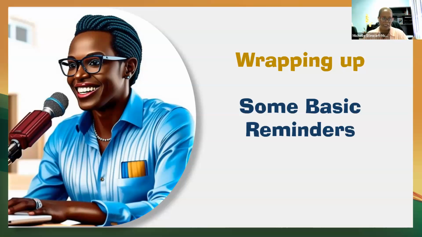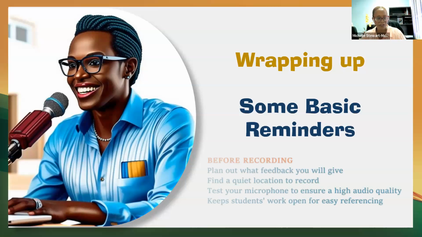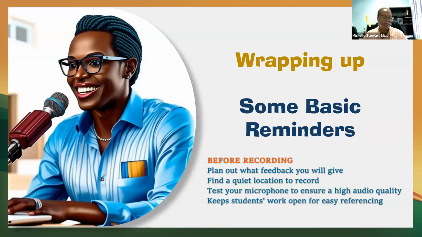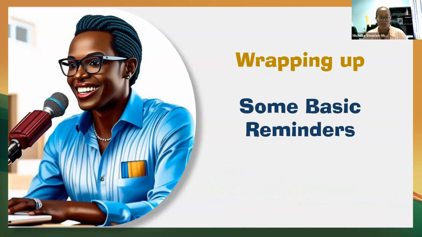So you have a mental outline and you plan exactly the areas that you're going to cover with your students. Of course, you try to find a quiet place where you can minimize background noise, and you test your microphone to make sure that you can do a quick recording and you play back to ensure that the quality that the students are getting is good quality. And then keep each student's work open so that you can quickly reference specific sections that you want to talk about. So this is before you start the recording.